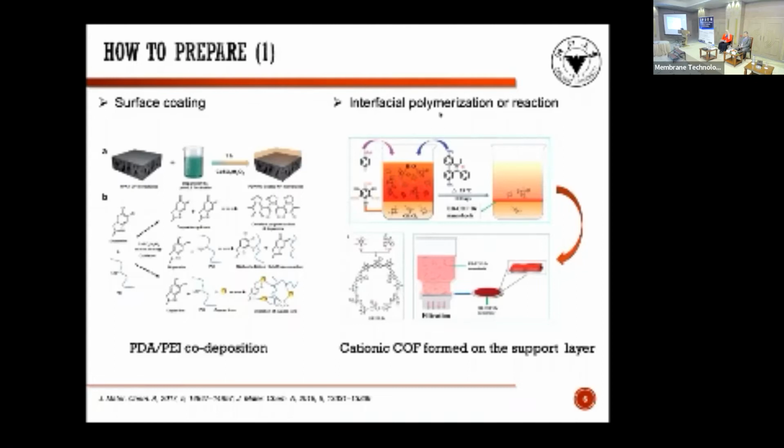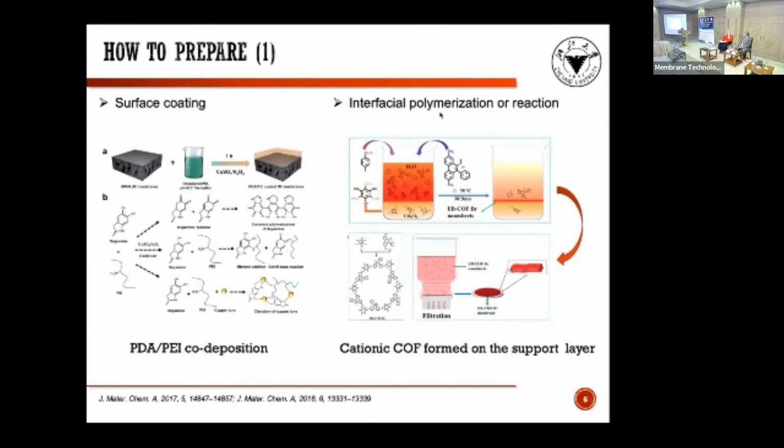For example, PDA and PEI were deposited on the surface under the catalysis of copper sulfate and hydrogen peroxide. Self-oxidation of the PDA, cross-linking between the PEI and PDA, and chelation of the copper ions with the PEI-PDA complex simultaneously happen, leading to the positive charge on the surface.